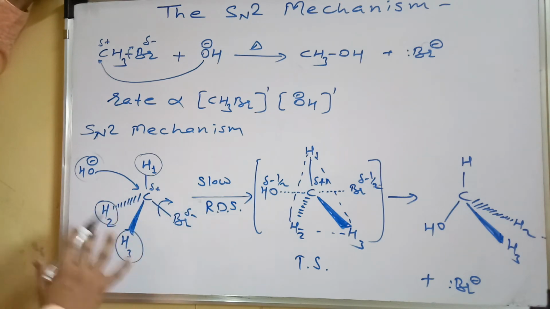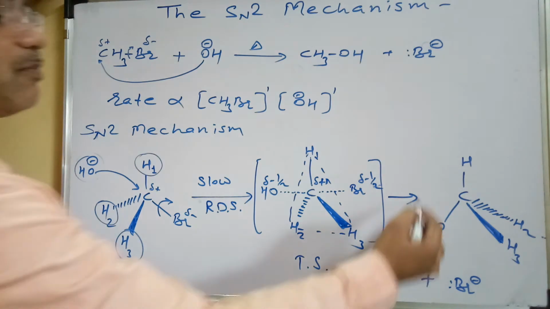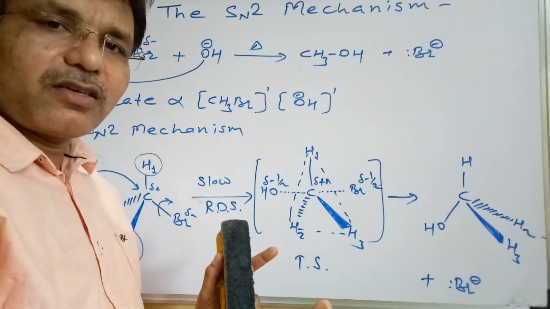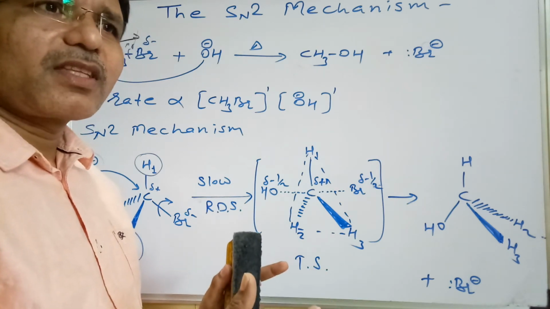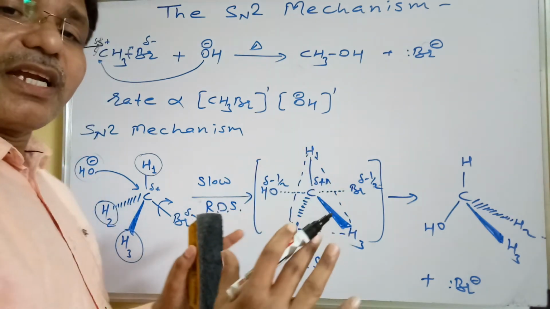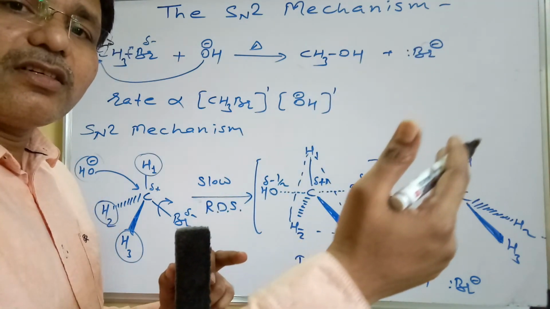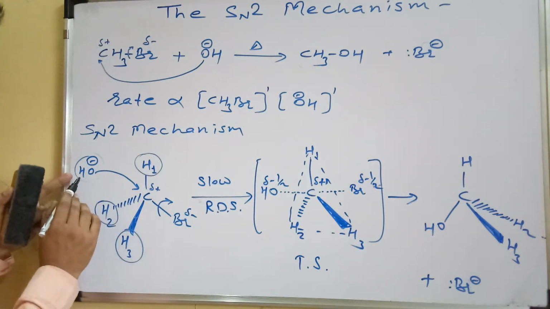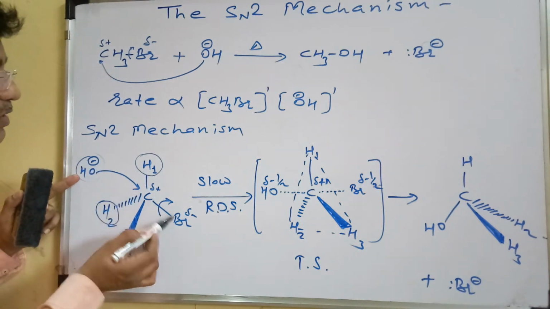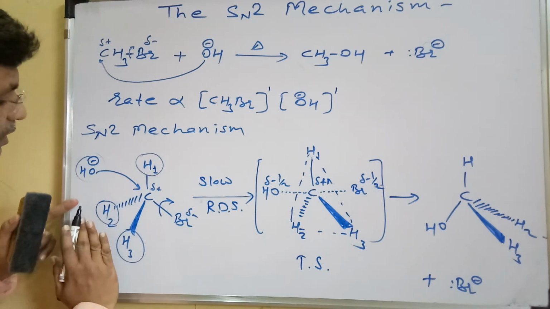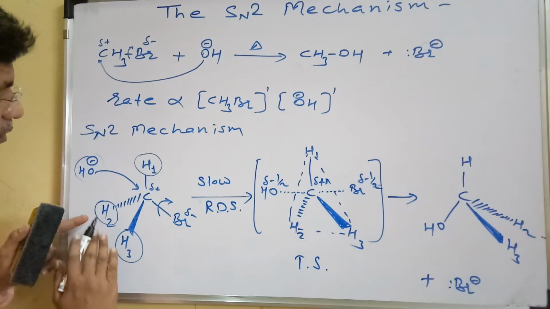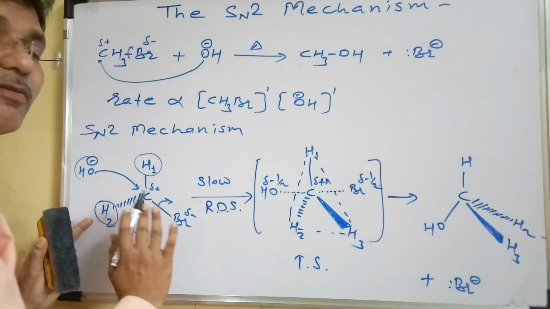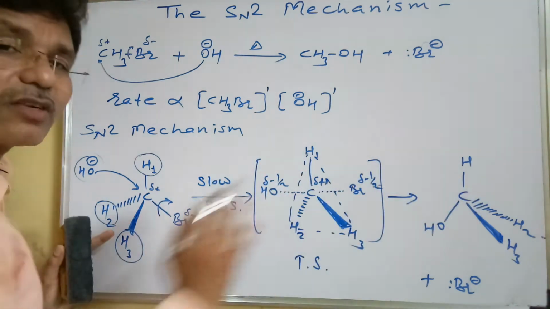This is like the flipping of an umbrella, when the umbrella turns inside out in high wind and rain. If the OH attacks the carbon from the backside of the C-Br bond, then H1, H2 and H3 end up on the opposite side in the product. So this is called flipping, or inversion of configuration.